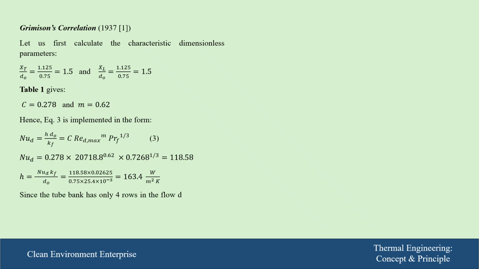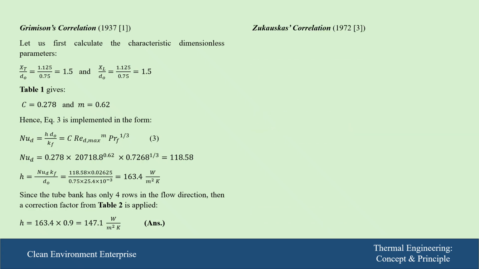And because the tube bank has only 4 rows in the flow direction, table 2 may be used to get the correction factor equal to 0.9. And finally, the heat transfer coefficient is equal to 147.1 watt per meter square Kelvin. This is by the Grimison correlation.